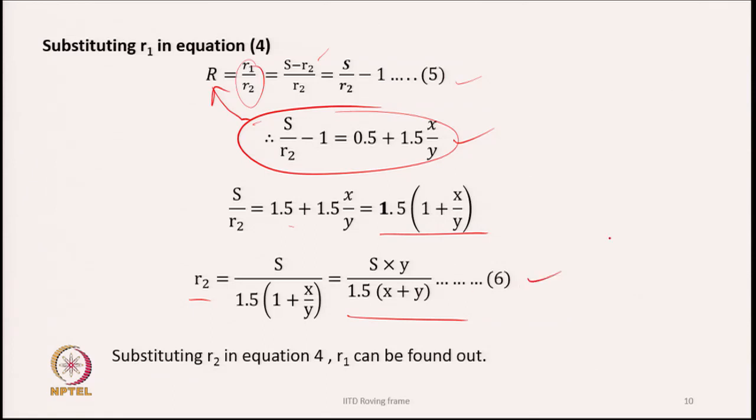By simplification we get equation 6. So, this equation can give us the value of r2 at any location x, provided we decide the S value in advance. What should be the sum of diameters of the two drums? That can be decided, maybe it could be 8-inch and 12-inch combinations.